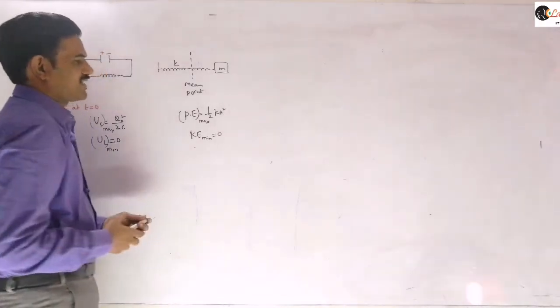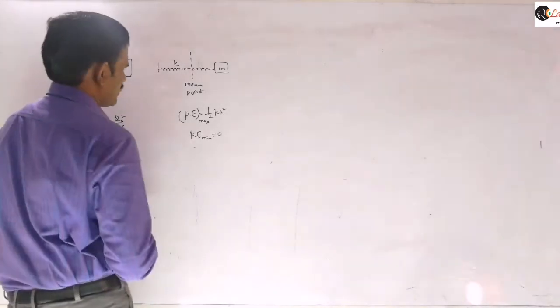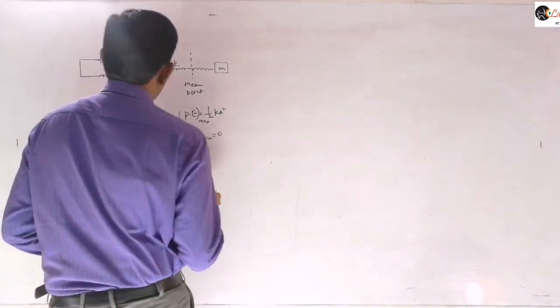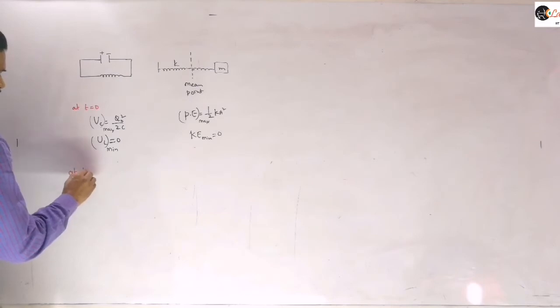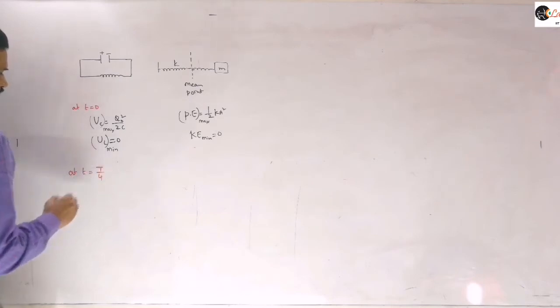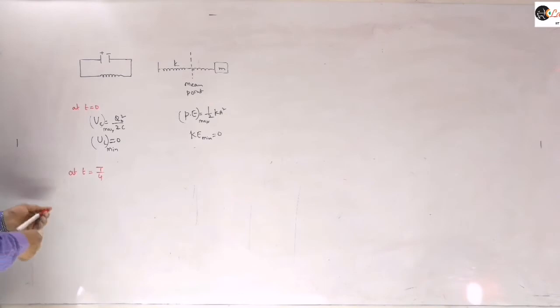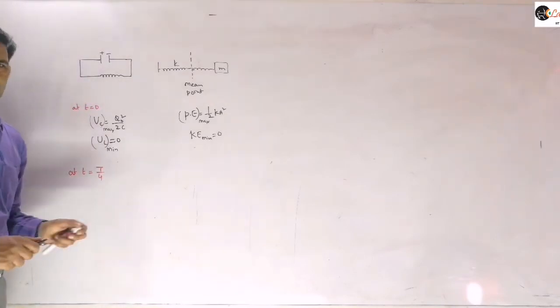Next, if we consider a time of T by 4, the charge on the capacitor will be 0, no charge will be there.